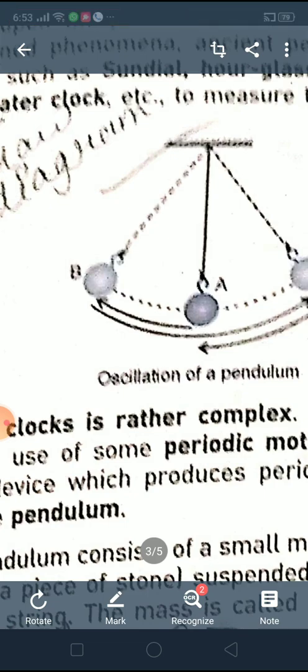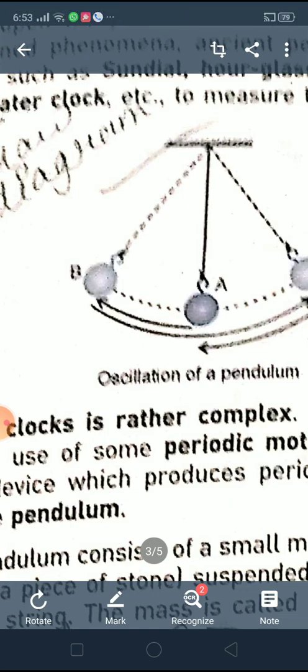If we stretch that bob to B and then leave it, it will reach the C position. In the figure you can see the pendulum at rest in its main position, and when the bob is released after taking it slightly to one side, it begins to swing to the other side.